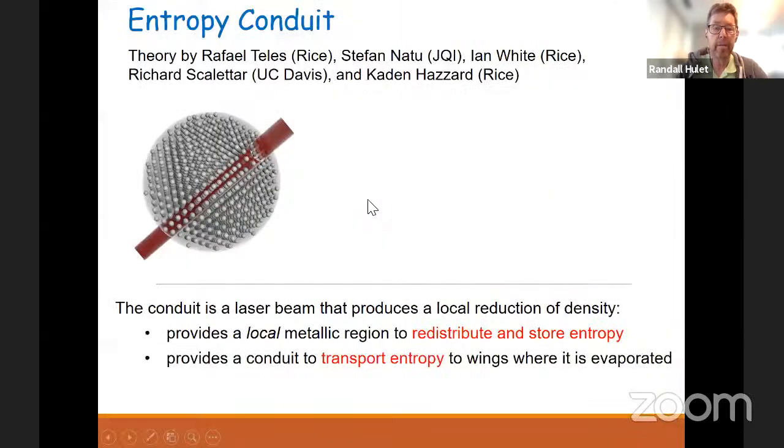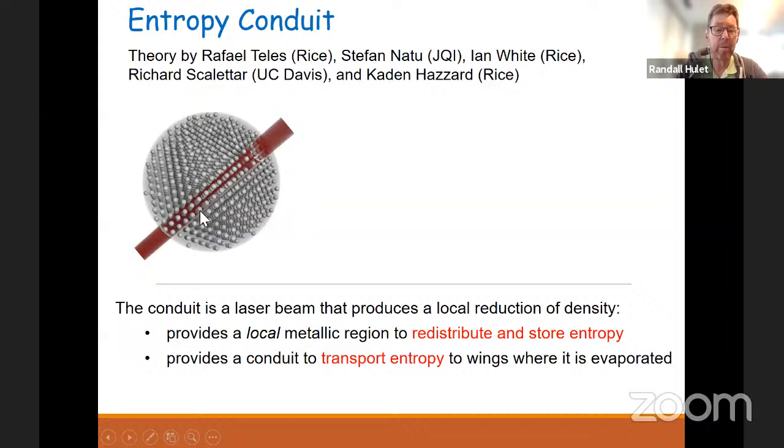So Caden and I and some of Caden's coworkers and students had thought about this a little bit. One of the things we thought about, I don't know if you remember this, Caden, is putting little punctures of reduced density. This would be a blue detuned laser beam that pushed some of the atoms out of that region, and this region would then be an entropy conduit.